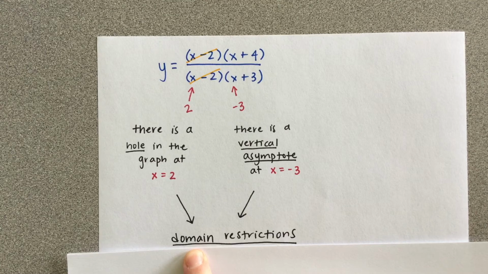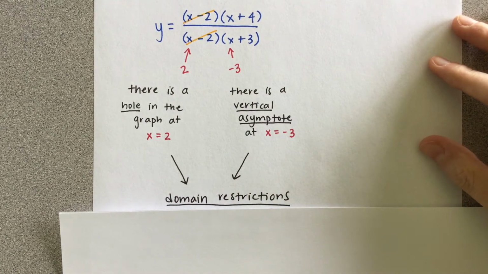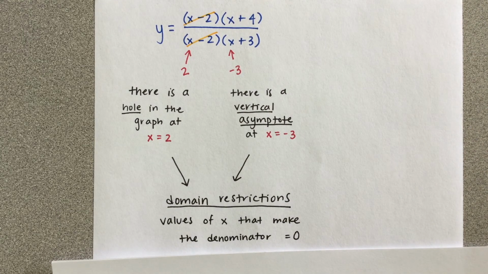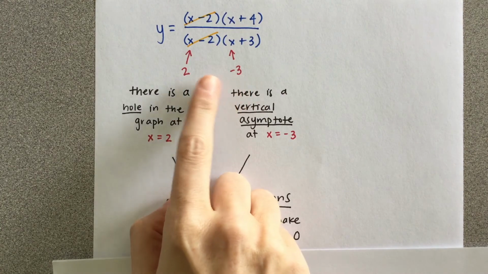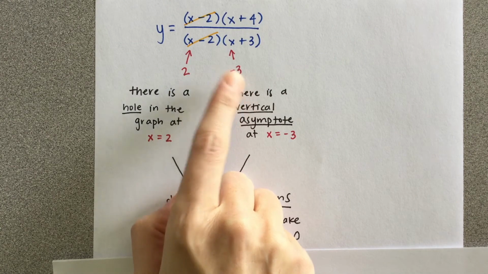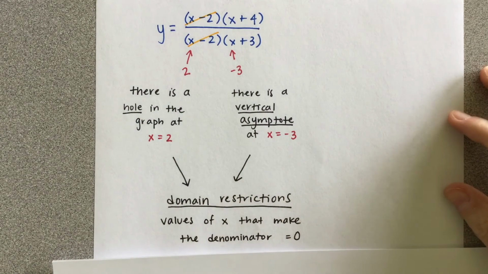Domain, remember, means all the x values in a function. So domain restrictions are the values of x that make the denominator equal 0, which would make the function undefined. For this equation, we have two domain restrictions, positive 2 and negative 3. One of them is the hole, and one of them is the vertical asymptote.